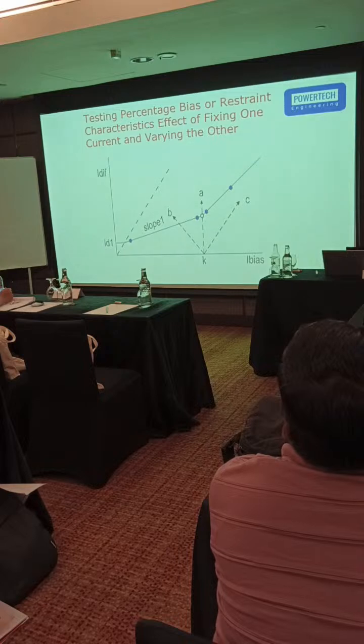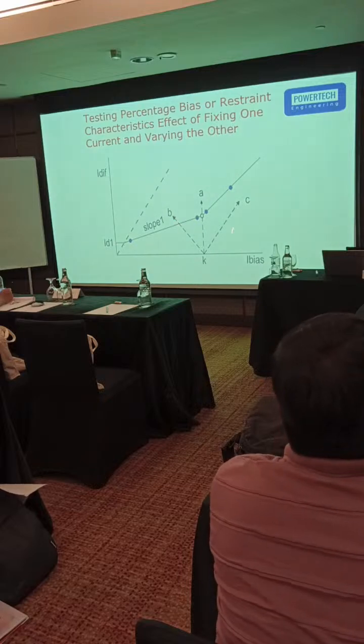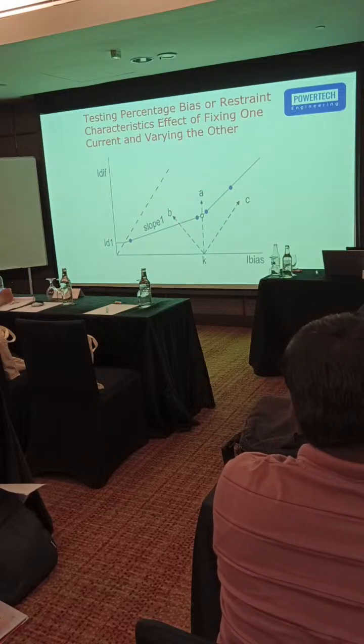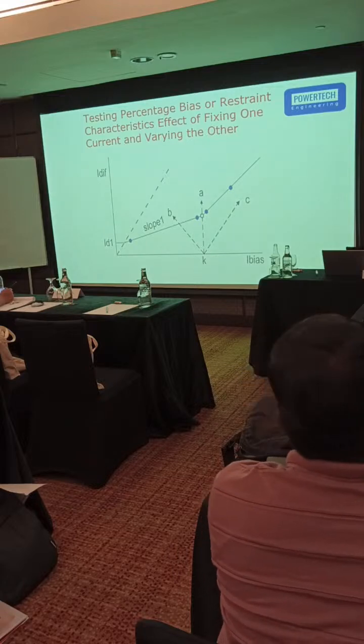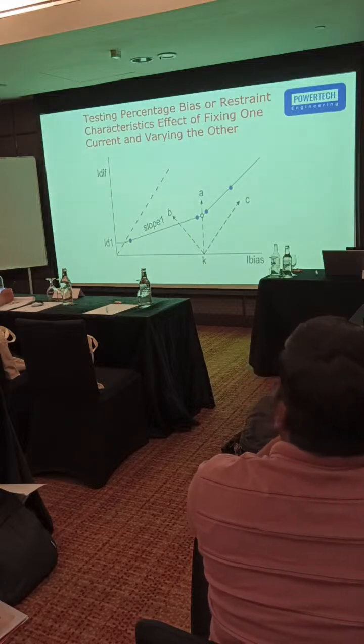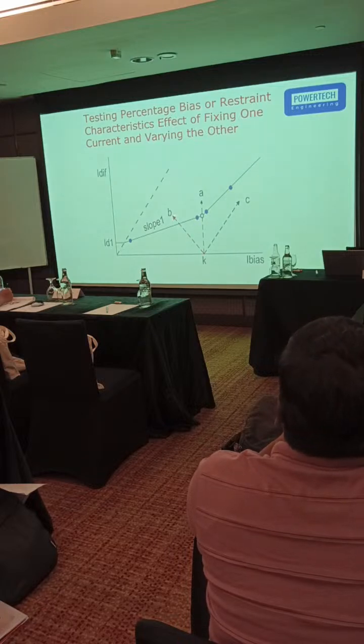And now, how we can vary the bias current, you already learned. If we decrease one side current from here, then this point will move like this.